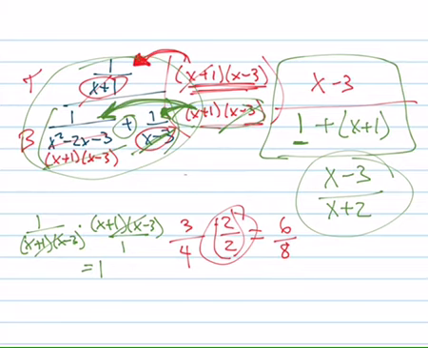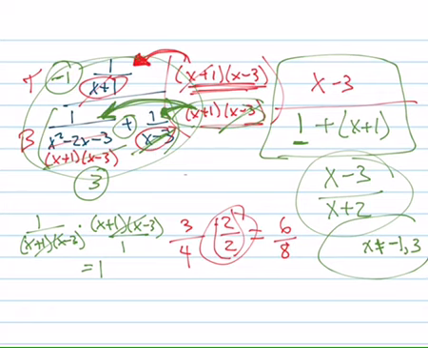Now, when you do that, like we've talked about before, let's remember what x can't equal. Look back at the very beginning. X can't equal -1, and it can't equal +3. So you have to write x cannot equal -1 or +3. That's part of your answer.